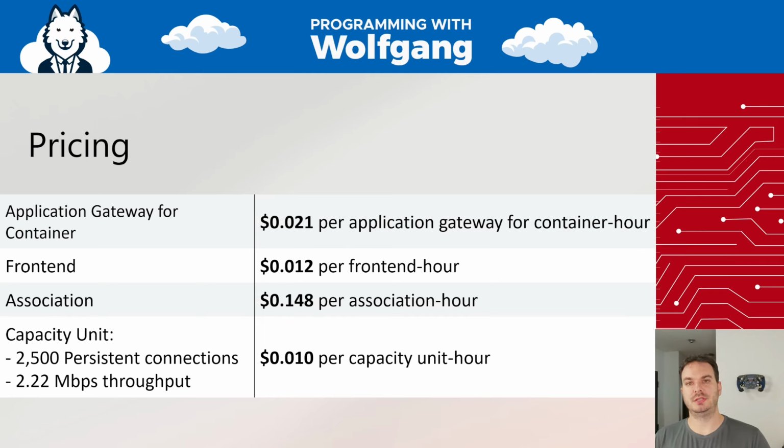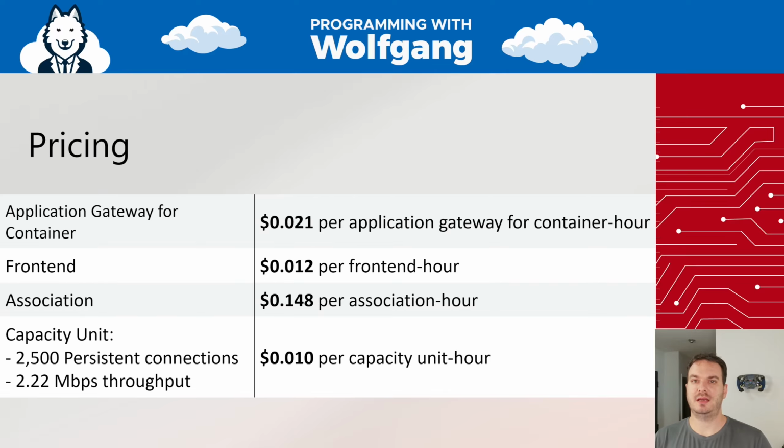And the last component you need is the capacity unit. This capacity unit configures how much computing resources you have. So by default, one capacity unit means you can have up to 2,500 persistent connections and you get 2.22 Mbits throughput.